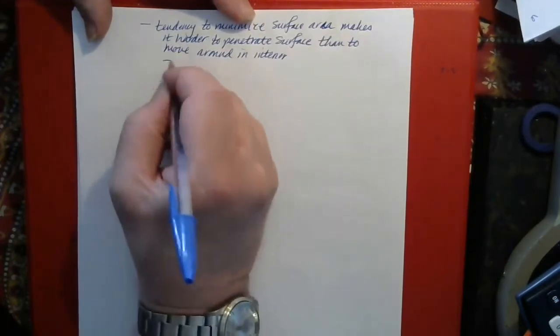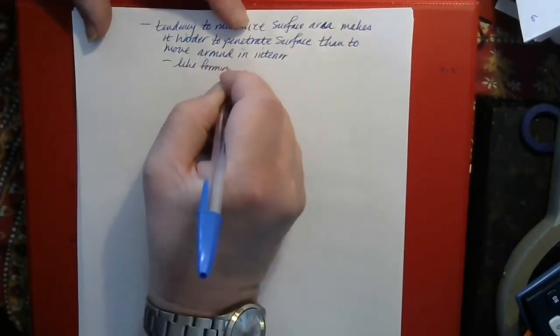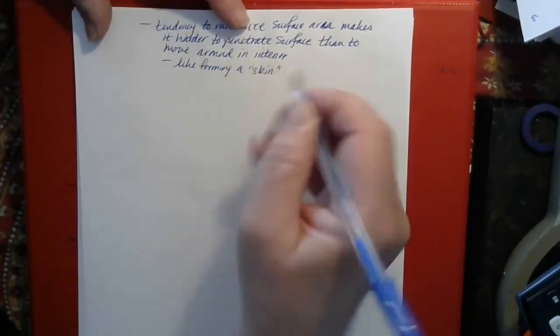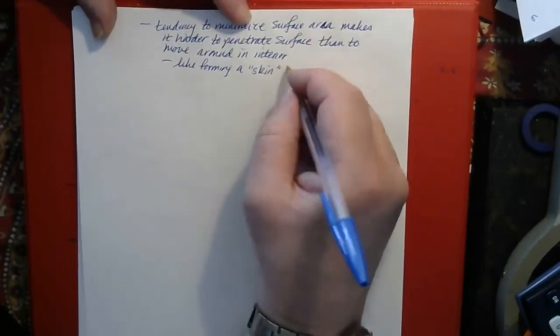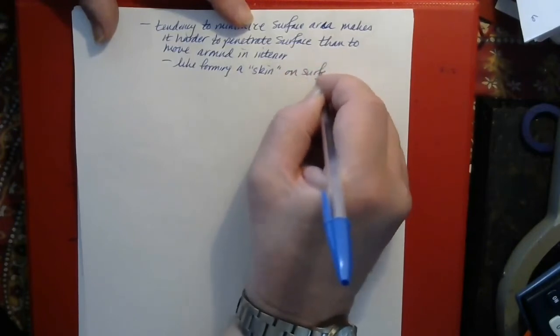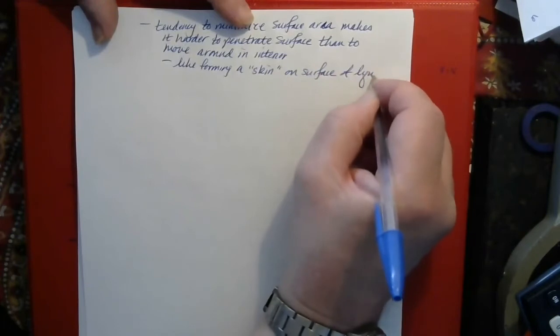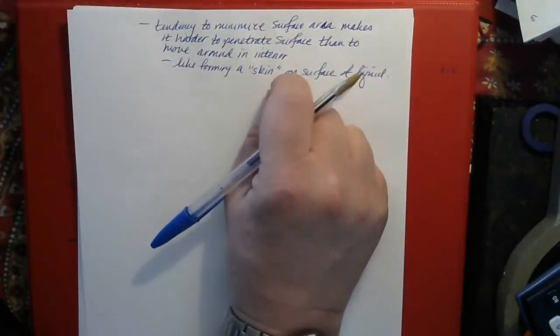And it's basically like, sometimes the analogy is used to forming a sort of skin on the top of the water. Sort of like how pudding left out for a while forms kind of a skin on top of it. And the skin is a little bit tougher than the pudding underneath.